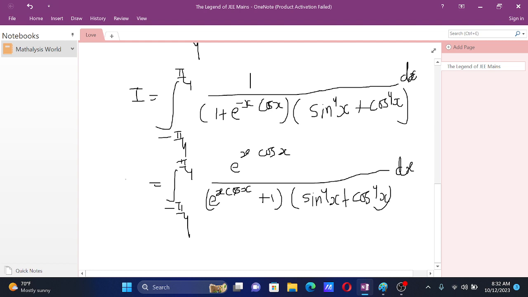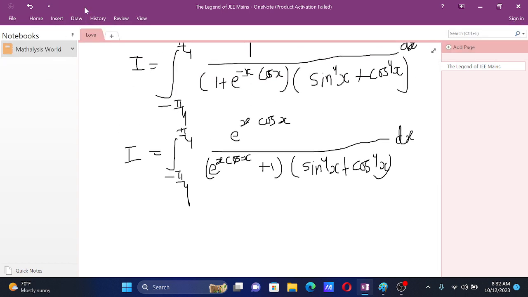So this is our I. Now if we add these two integrals, we will get a nice simplification.